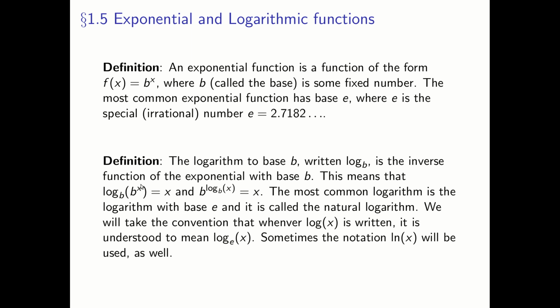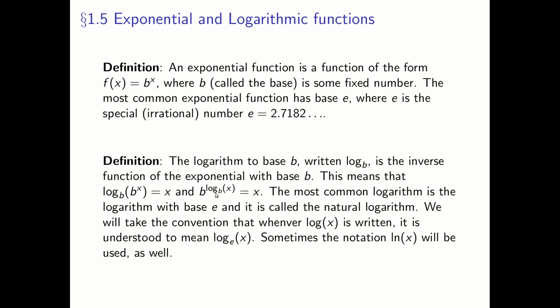So if I plug into the logarithm of base b the exponential b to the x, it's like these guys are canceling out. Log base b of b to the x gives me x, and b to the log base b of x is x.